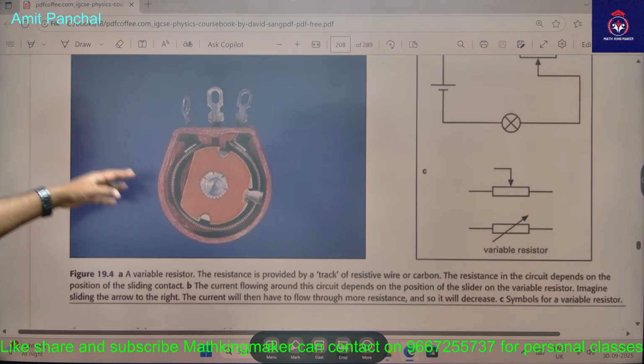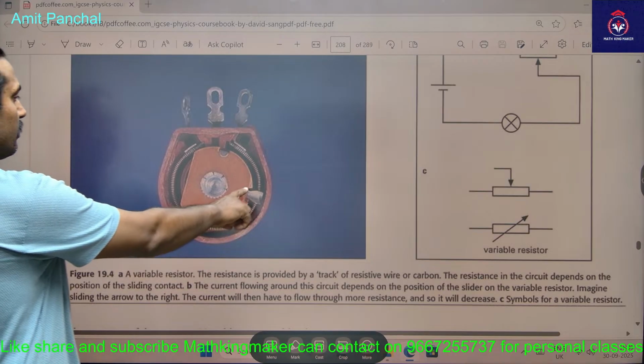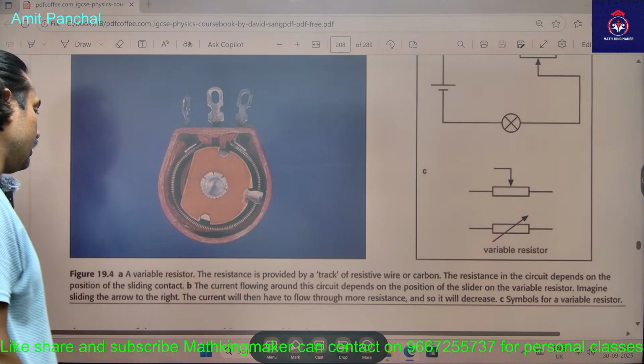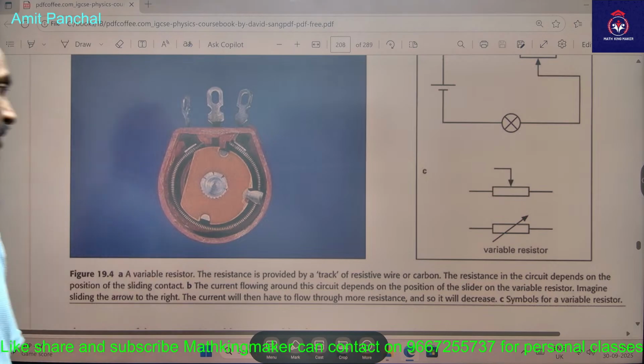So this one is a figure of a variable resistor. Inside your regulator, these things are there. In a variable resistor, the resistance is provided by a track of resistive wire or carbon. The resistance in the circuit depends on the position of the sliding contact.